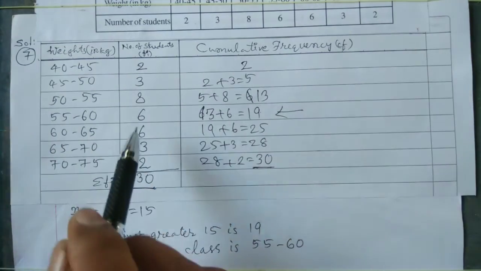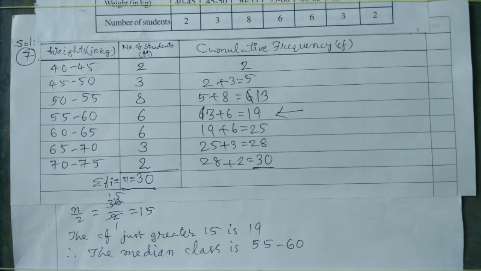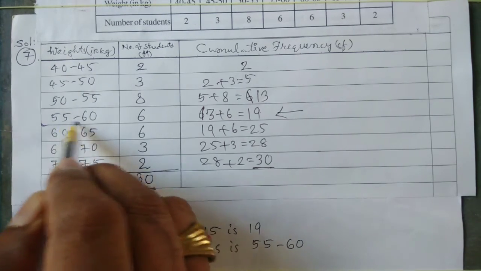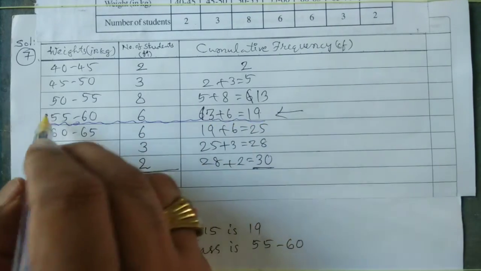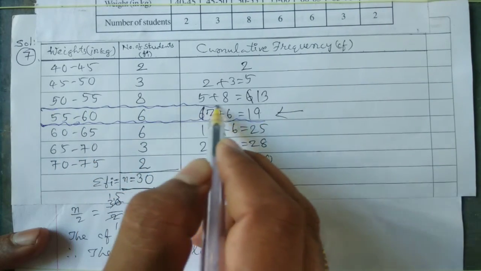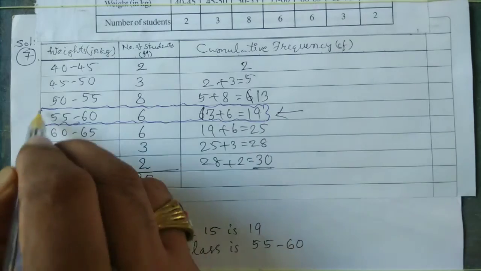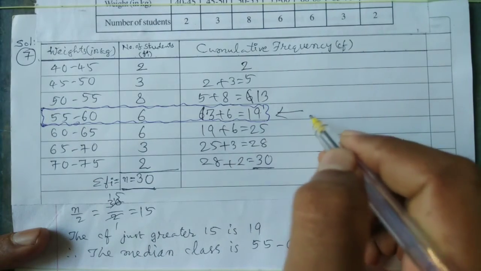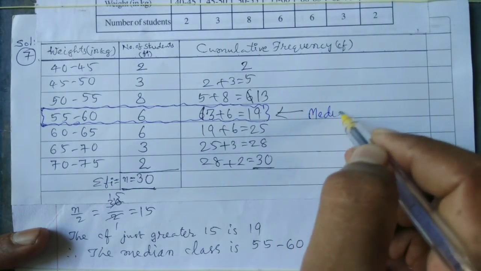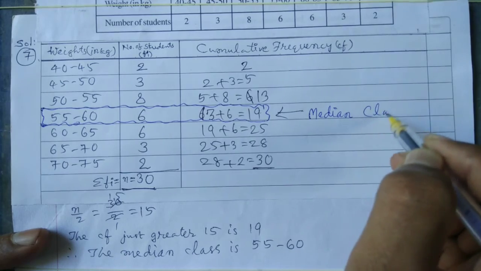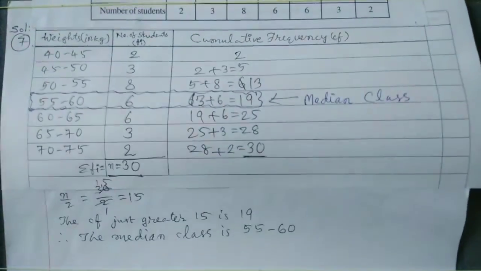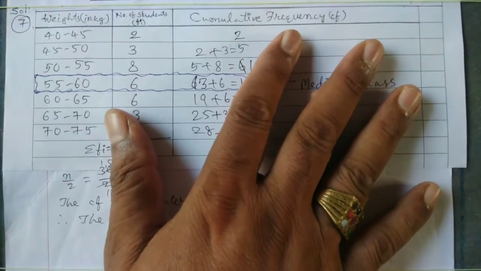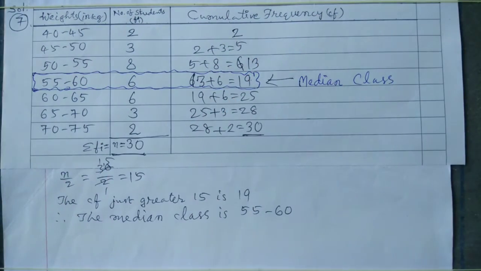So this is the median class, 55 to 60. We have to identify this clearly. Basing on this only we can find all the values. Now we can identify all the values basing on this median class.